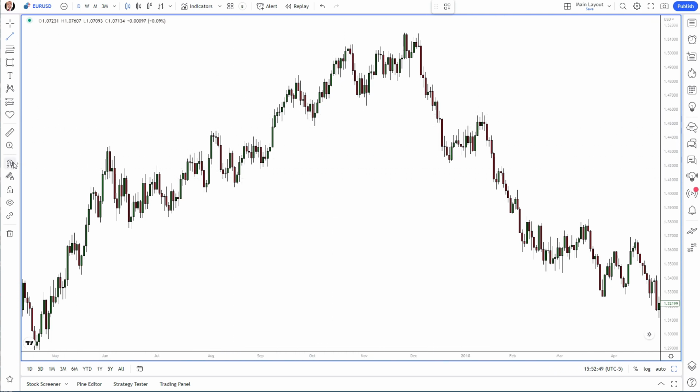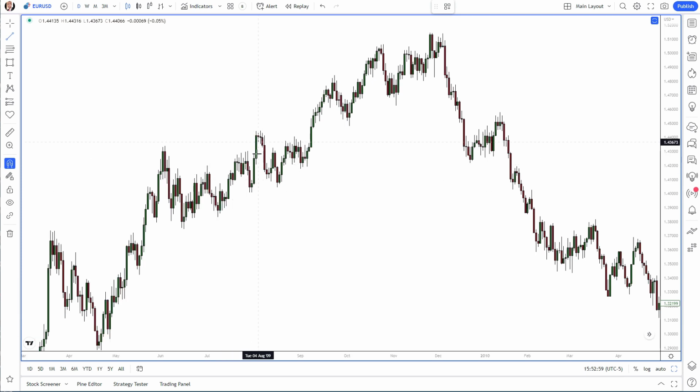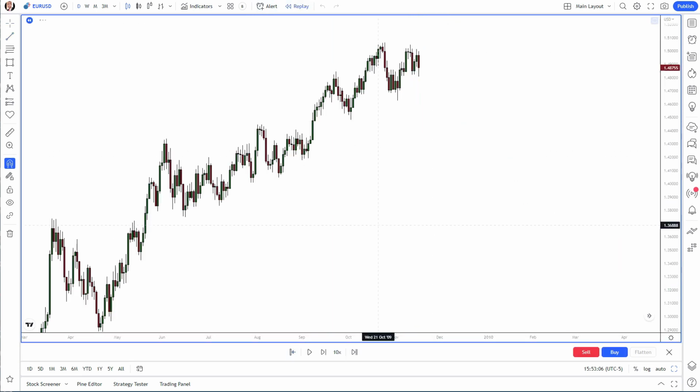We're going to take our tool over here, which is the magnet tool. We want to capture the absolute tops and the absolute bottoms. So in this case, let me remove this here so I can replay it.